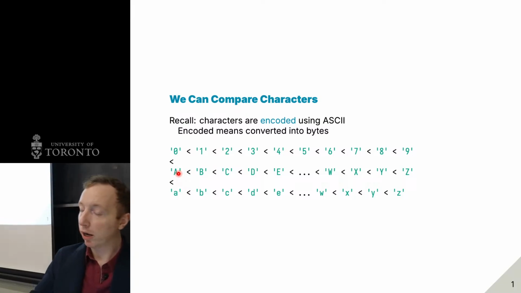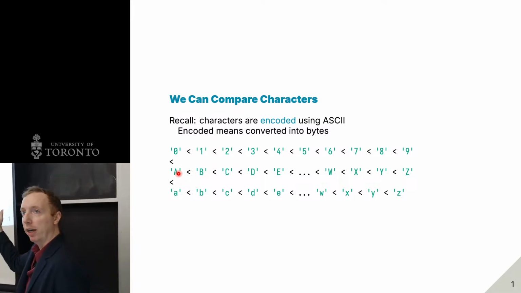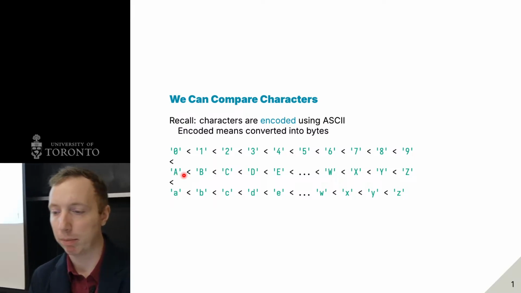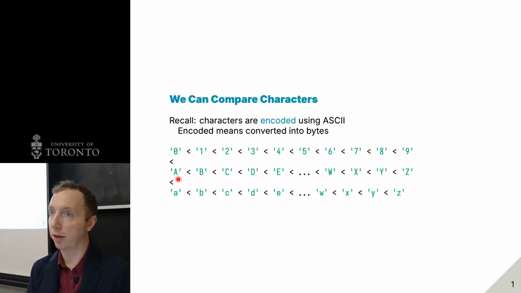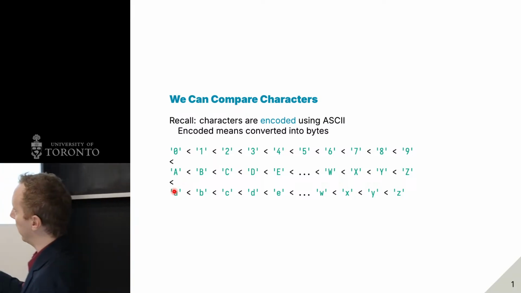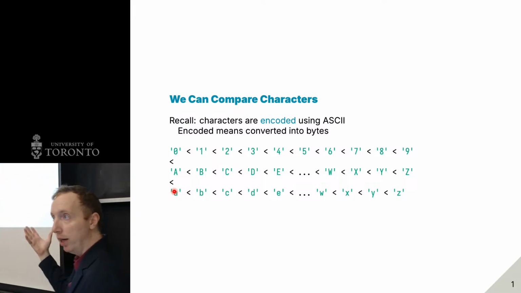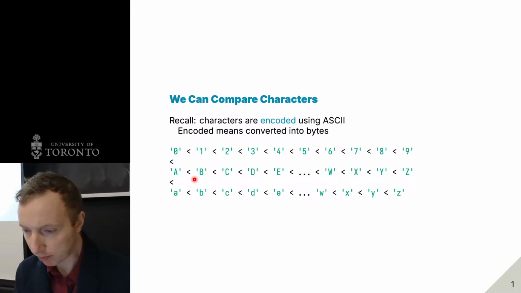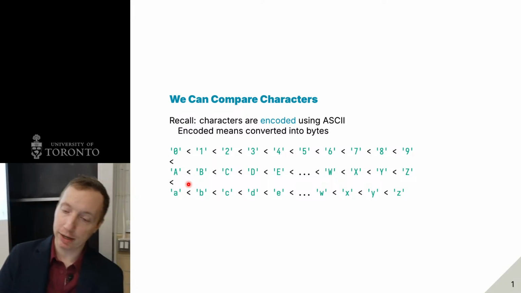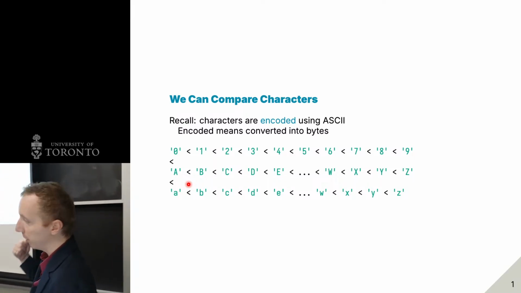But all of the capital letters are in alphabetical order, one after the other, separated by a value of 1. Then there is another gap, and then all of the lowercase values are also in alphabetical order. Their values are greater than uppercase.